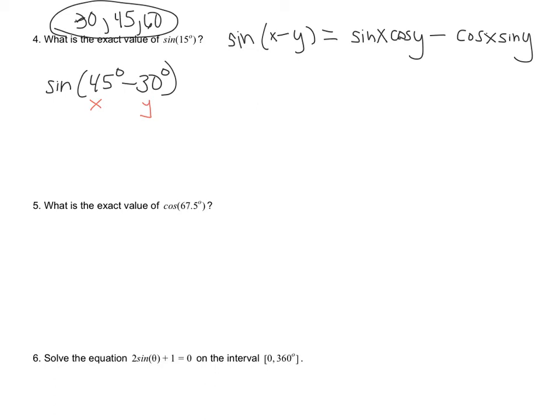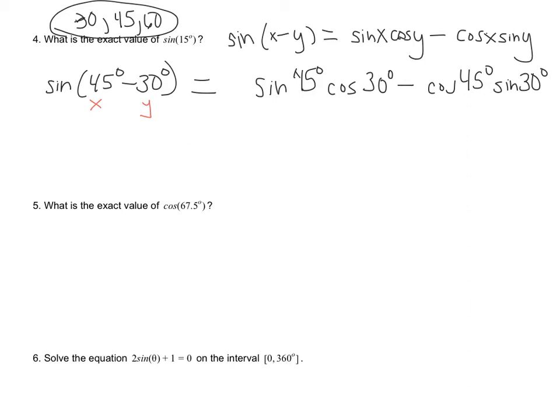So sine of 45 minus 30 will be the sine of 45, which we will get from the unit circle, times the cosine of 30, which we can get from the unit circle, minus cosine of 45, same thing, unit circle, times the sine of 30.